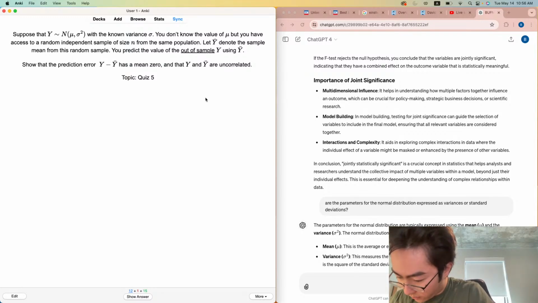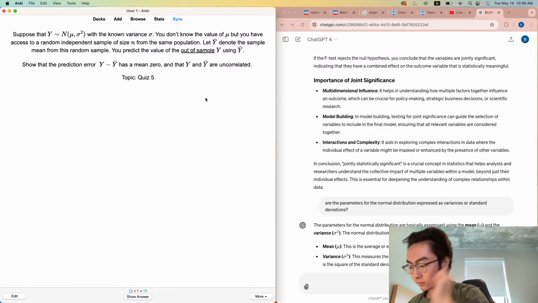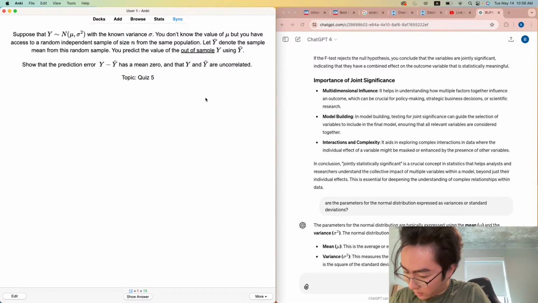So we have the covariance, let's do y bar, the expectation of y minus expectation of y times y bar minus expectation of y bar, which is equal to the sum from n equal to 1 of y minus mu times y bar minus mu.